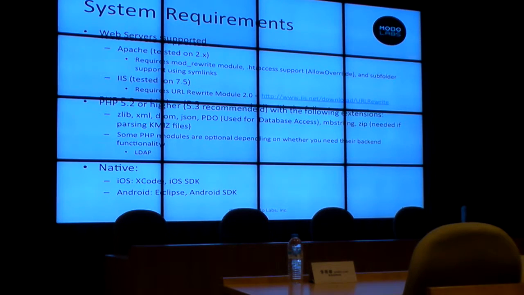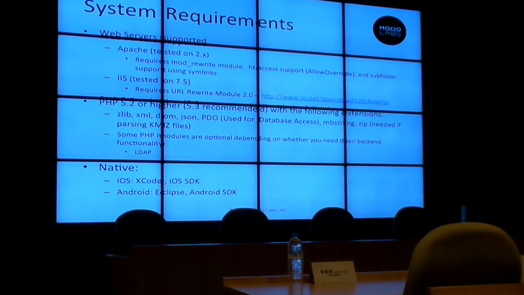And if you were to do it on site, you can do it on an Apache server, or you can have Windows with IIS. So for some of those enterprise customers who are using Windows Server as their primary platform, they can certainly do that as well. It requires PHP 5.2 or higher, but 5.3 is recommended.